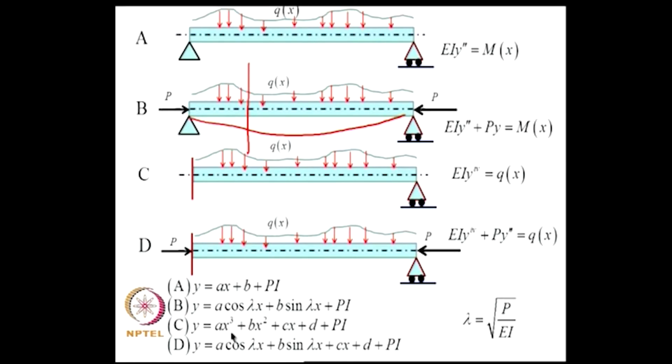In this case, the complementary function will be ax cube plus bx square plus cx plus d, because there is a fourth order derivative, plus a particular integral which depends on q of x. In the last case, we will have a cos lambda x plus b sin lambda x plus cx plus d plus a particular integral. So, what you need to focus on is the change in the nature of the complementary function for these 4 different situations.